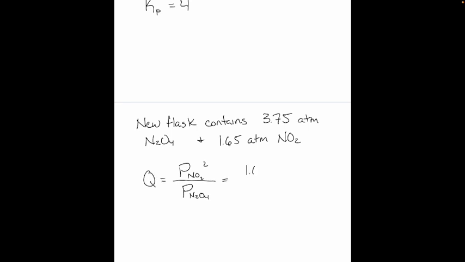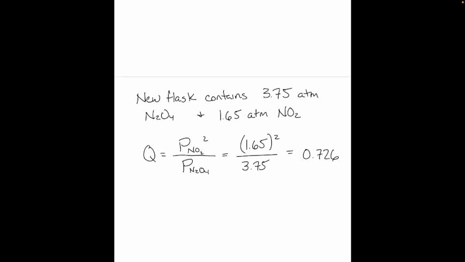So I'm going to take my 1.65 and square it and divide it by the 3.75. And I get this value for Q of 0.726. Okay? So what does this do for me?